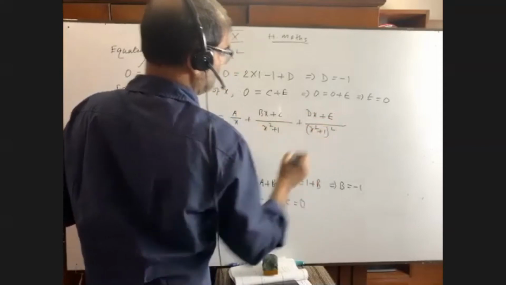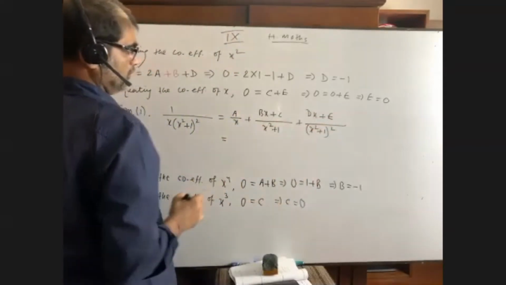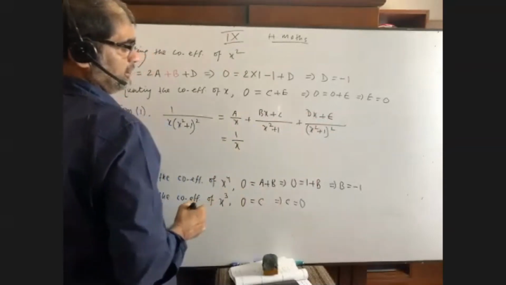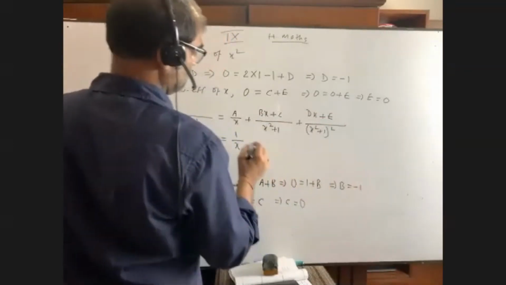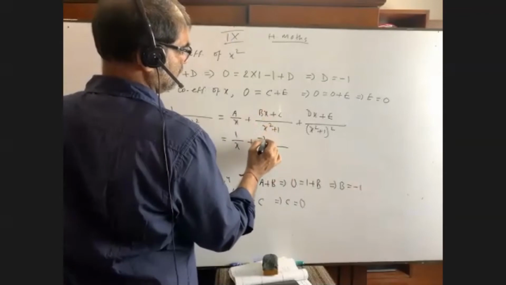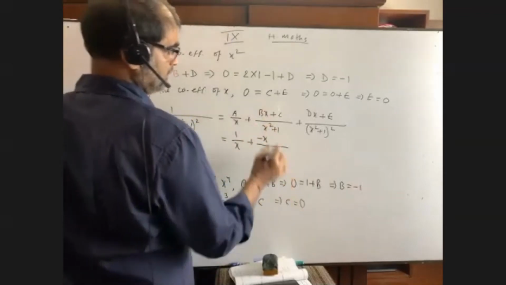It was 1. Now put the values. What is the value of a? a is 1, 1 by x. What is the value of b? b is minus 1, that is minus x. What is the value of c? c is 0.